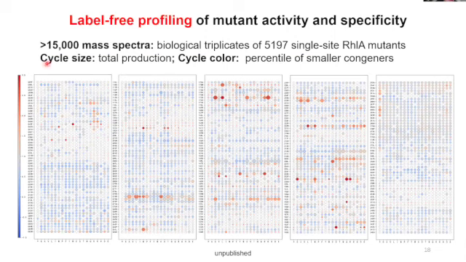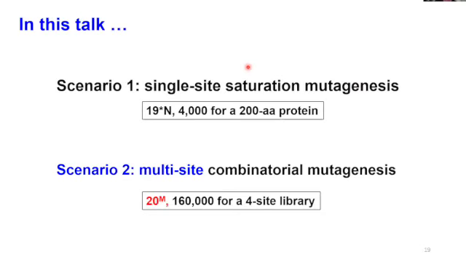The circle size corresponds to the total production, and the circle color represents the product specificity. So that's where we use the biofoundry to have this global, systematic profiling of the enzyme specificity.